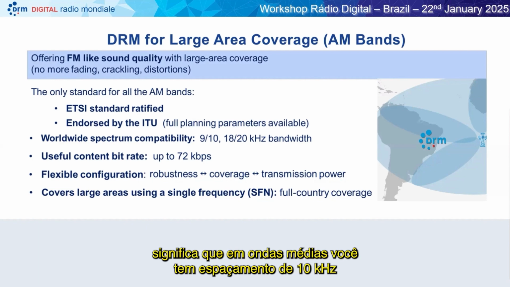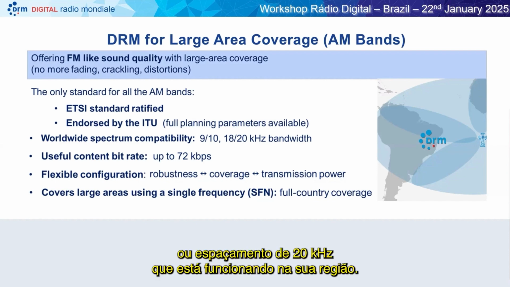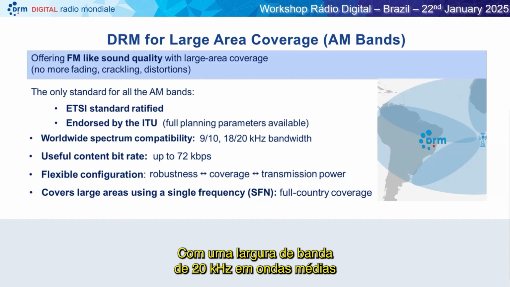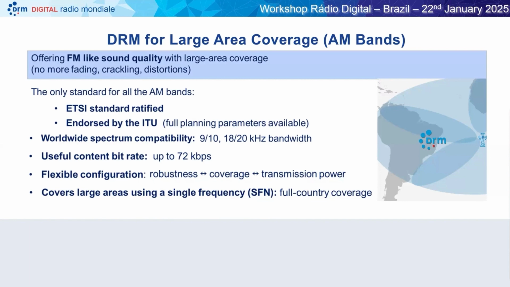It means in the medium wave you have 10 kilohertz spacing or 20 kilohertz spacing that is working in your region. It works, of course, also in other regions with 9 kilohertz spacing. If you have a 20 kilohertz bandwidth in medium wave, it can work up to 72 kilobits per second, which already is quite a lot. Otherwise, it will be less.